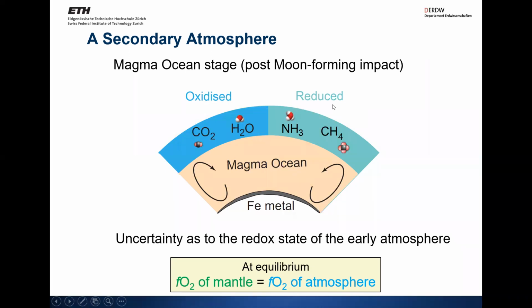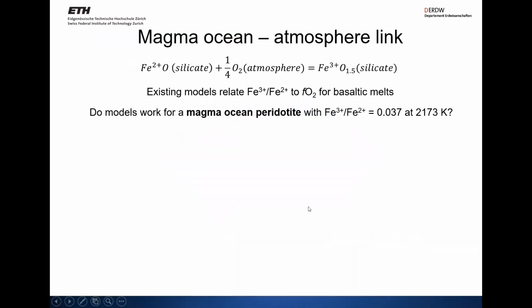We have very little trace of the early atmosphere today, but we can use the rock record as an indirect tracer of what occurred. The oxygen fugacity recorded in mantle rocks should be at equilibrium equal to that present in an early atmosphere. The reaction that we can use to constrain this behavior is the ratio of reduced iron, Fe2+, to oxidized iron, Fe3+, because they are related by the fugacity, or in an ideal gas, the partial pressure of oxygen.